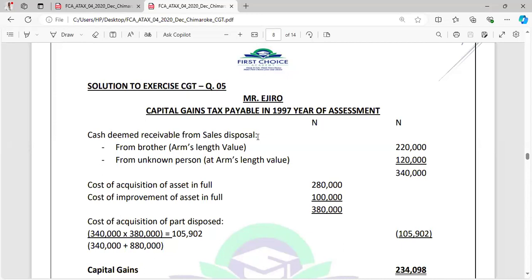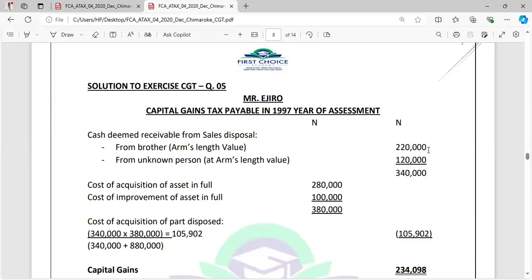All right. So cash deemed receivable from sales disposal from his brother, or SARS's arm's length value, is 220 as against that 180. So the people are taking it that Mr. Ejiro must have received 220. We don't want to know whether you told us or there's a record showing that you received 180.